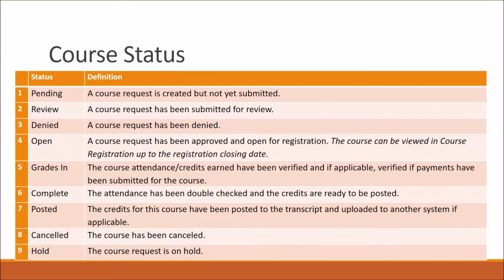After that occurs, the PD department verifies the roster the instructor has verified, and then they change the status to complete. Generally someone in the HR department receives an email that says the course is complete and ready for posting, and then someone in the HR department posts those credits and changes the status from complete to posted.